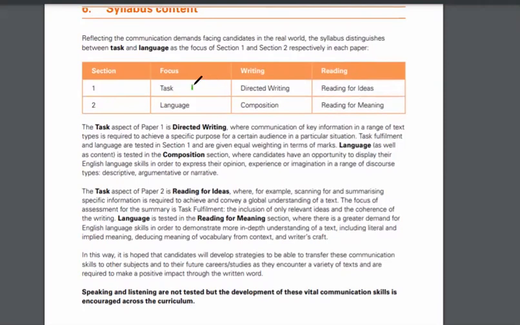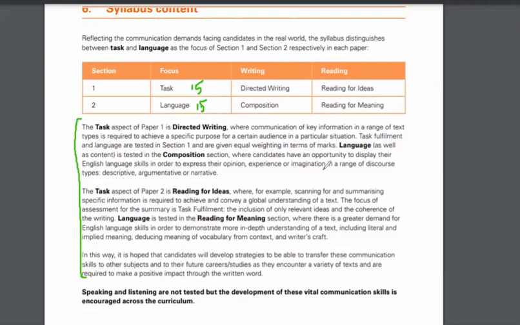So you will have 15 marks for the task completion and 15 marks for the way you use the language. Okay, these are the details that are provided over here in this text. So you can read through this whole text and understand what the rules of the CIE examination are.